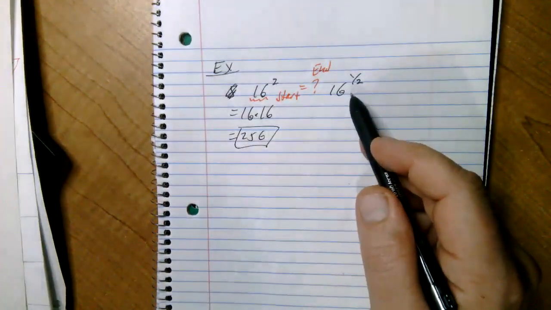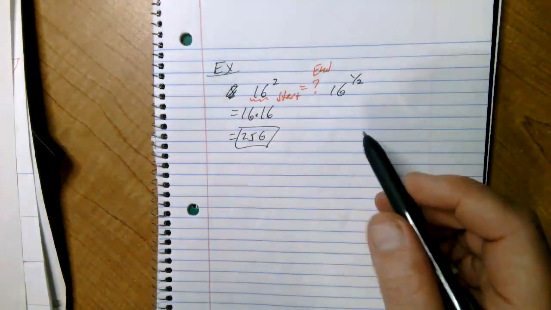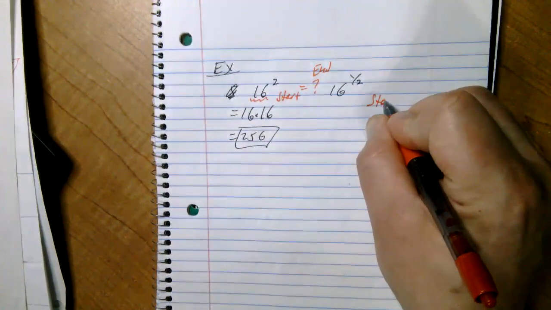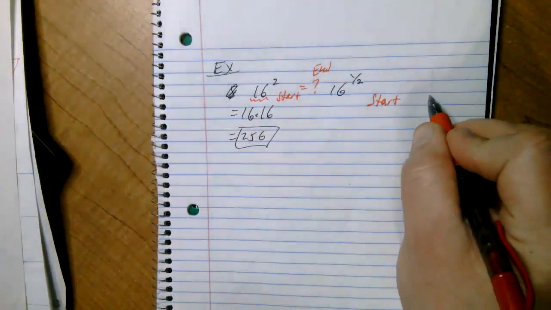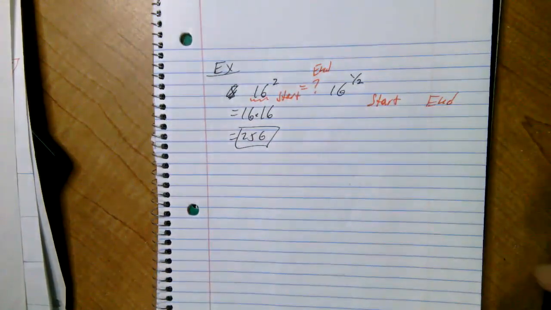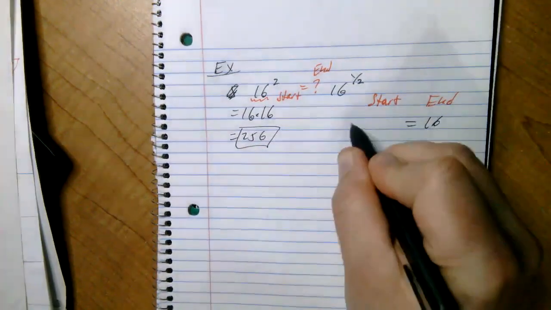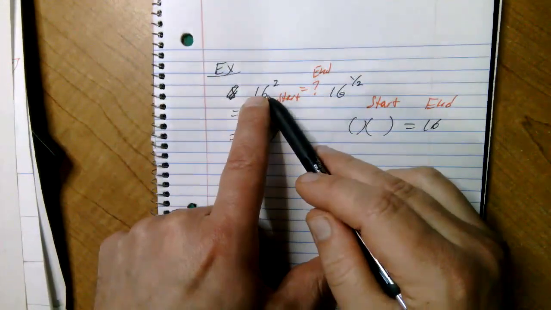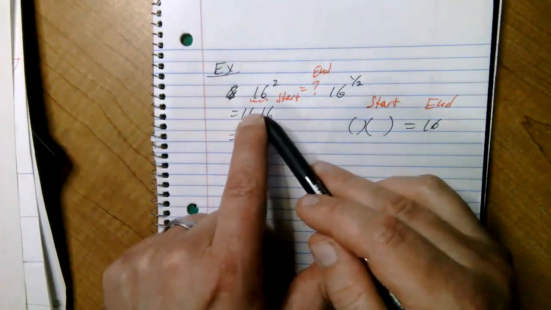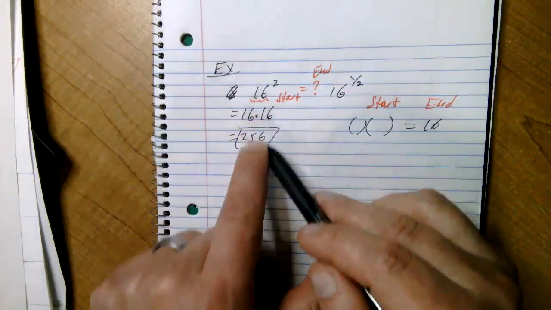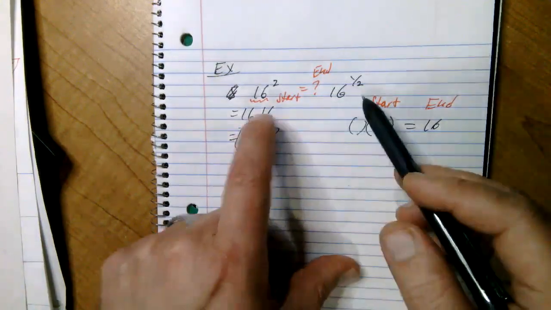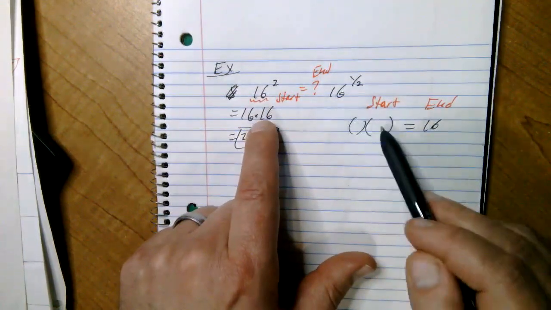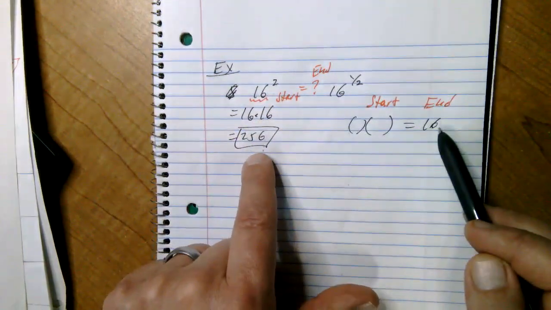Now, when you see a fractional power, the difference here is you don't know where you're starting, but I do know I want to end at 16. When you see a fractional power like this, think, I don't know where I'm starting, but I know where I want to end.